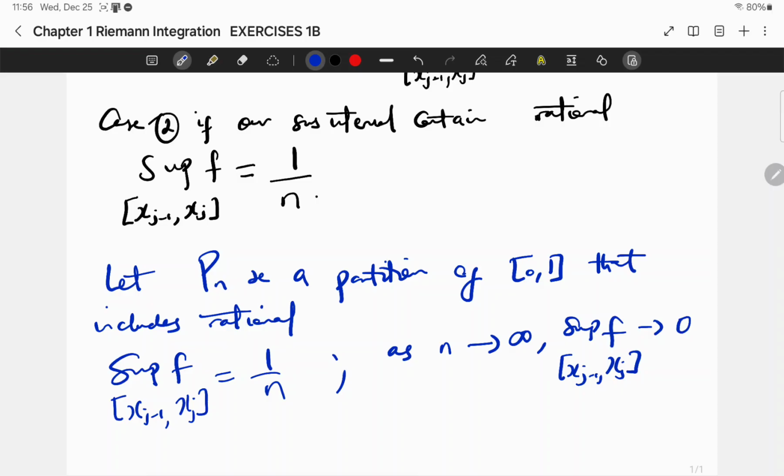So that means that we can refine our partition. So this implies that as we refine our partition, as the mesh tends to 0, then the upper Riemann sum U(f, P) on a comma b also tends to 0. Okay, so if we refine our partition enough, then we have this condition.